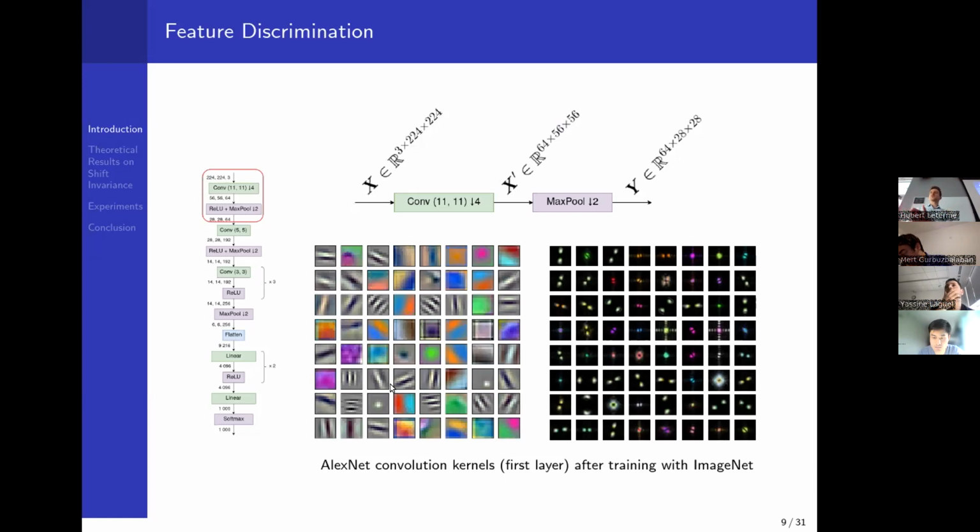Oh, I see. Okay. And then you can apply this, and we can actually measure this level of equivalence. This is because we have almost grayscale filters here.